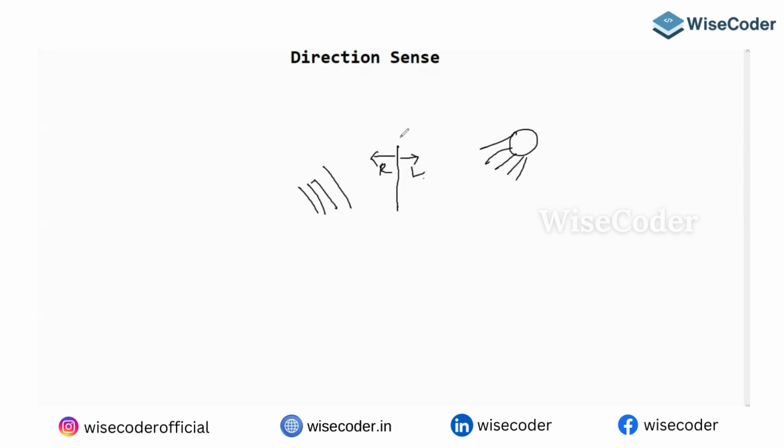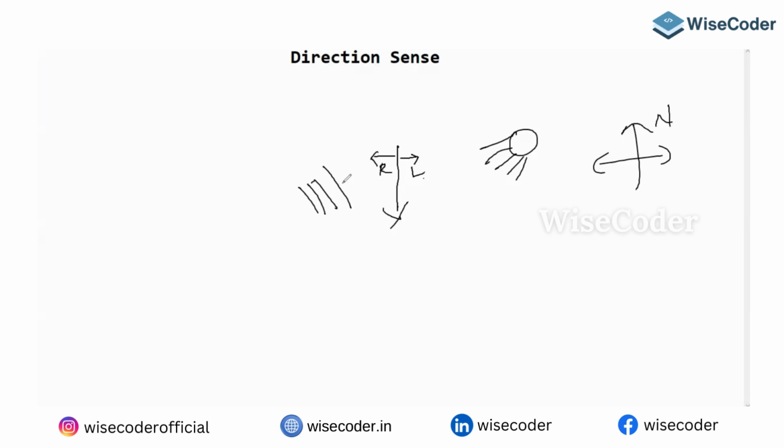So when this is right, this is left. But let's say you are facing north. This is your left, this is your right. So you are not facing north. Let's say you are facing towards south. When you are facing towards south, then only your shadow will be on your right.